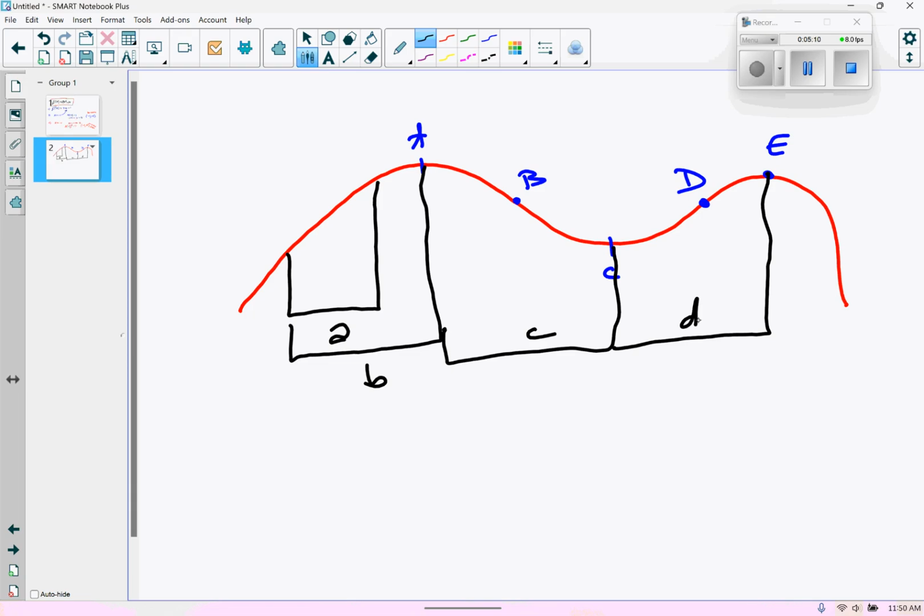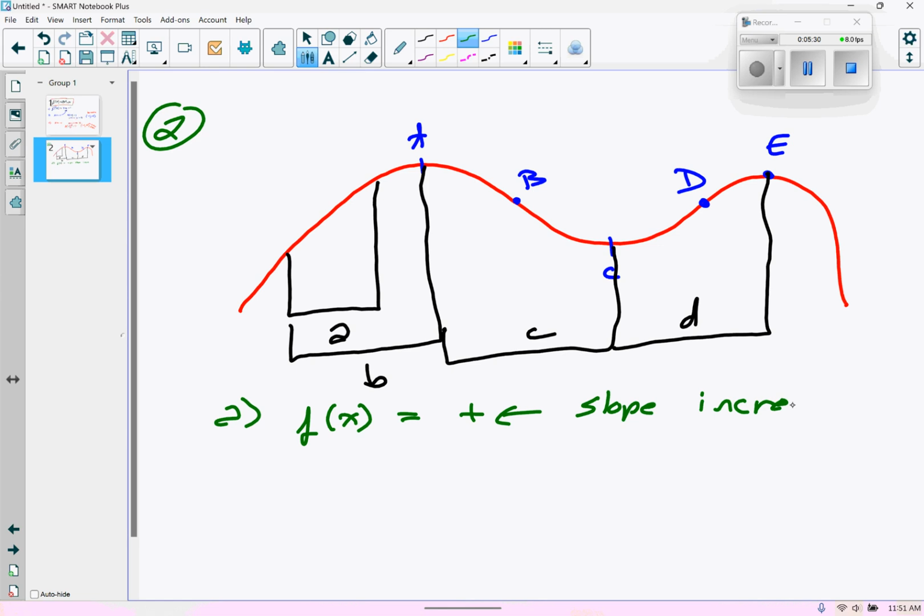All right, so we have to be aware of what things are doing. For letter A, this is problem number 2. Over what intervals A through D is the rate of change positive, where f prime of x is positive? This would mean the slope is increasing. As you go right, it goes up. So over what intervals from little a to little d is it increasing? It's increasing from B, so this is all increasing.